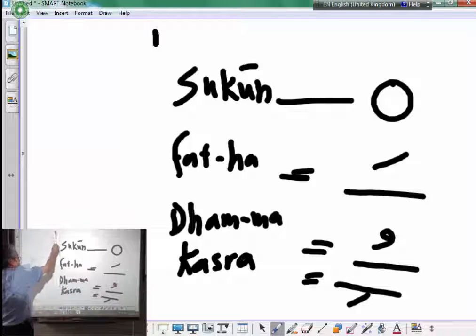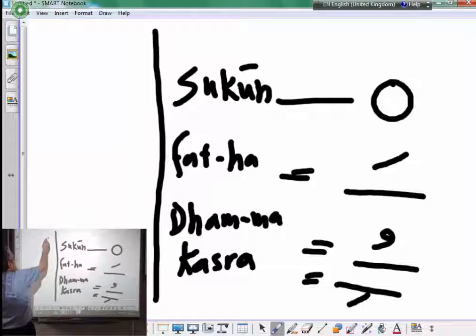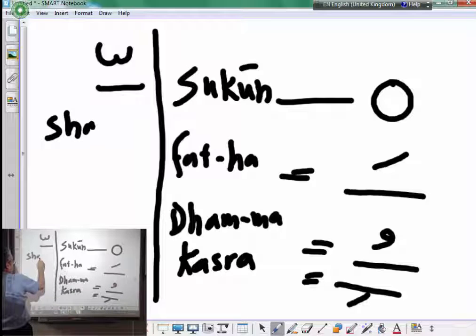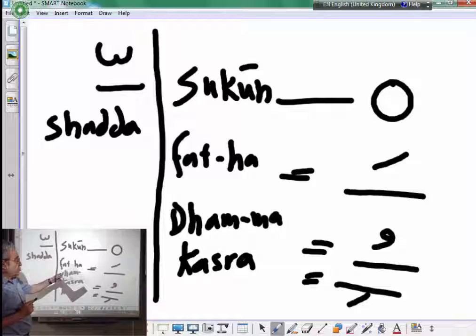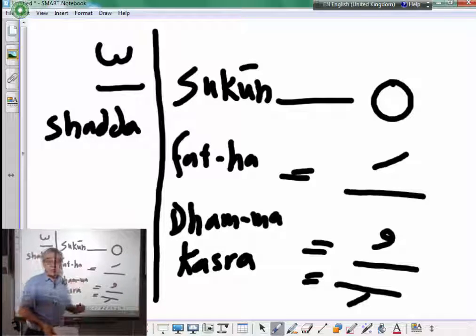And also this one here, we call it shadda. So these are the symbols we studied last time, and the 3 ones we call short vowels. A, U, E.